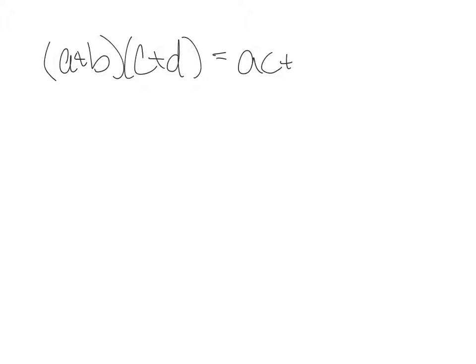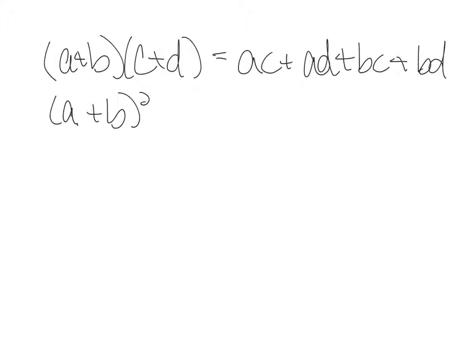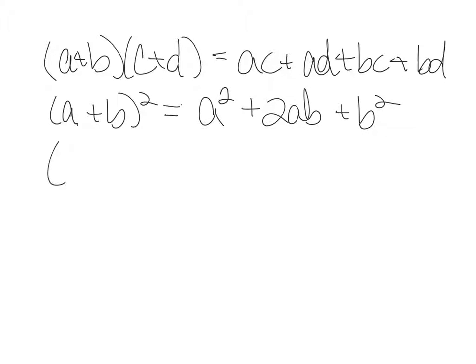We did a plus b times c plus d. We did distributive property. Next we did a plus b squared. I don't think I spelled this one out quite as clearly though. These are identities that if you can memorize them for Algebra 2 or recognize them quickly, it'll make your life easier.